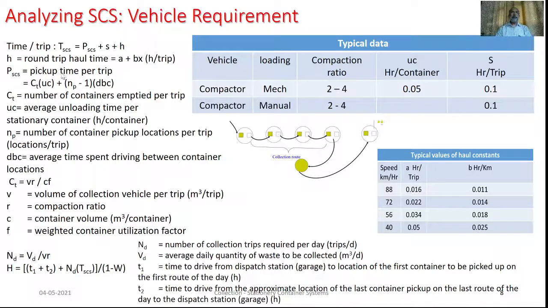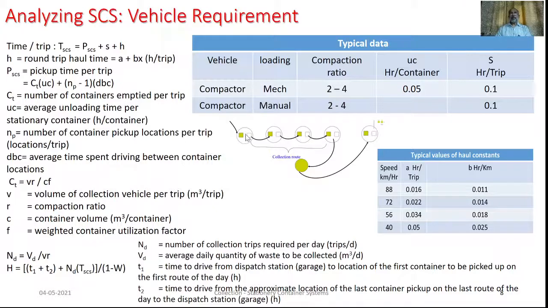This pickup time per trip is given by CT times UC plus NP minus 1 times dBc. So the way we discussed here, for a trip, as the vehicle approaches the first container location, pickup time starts.